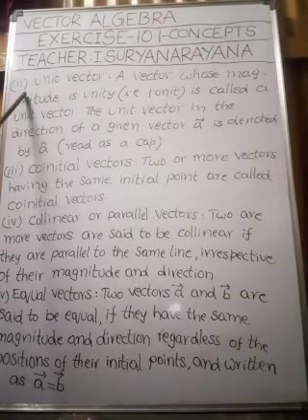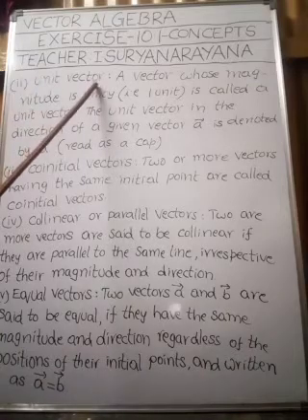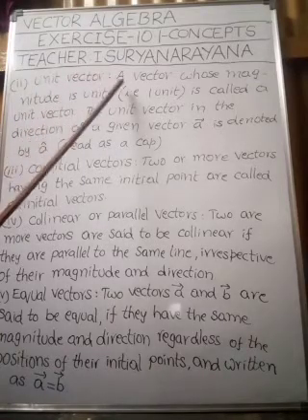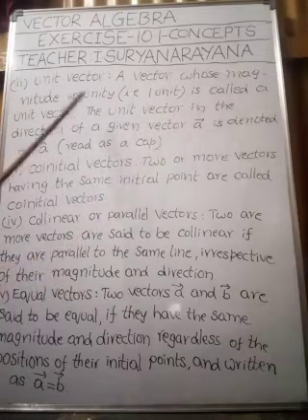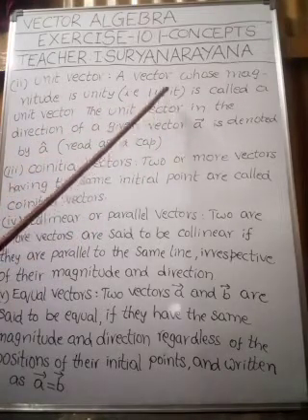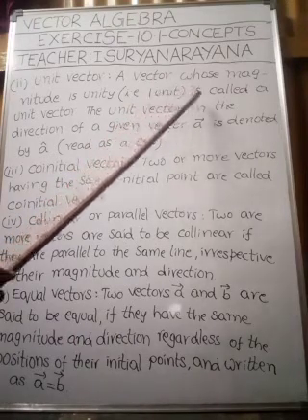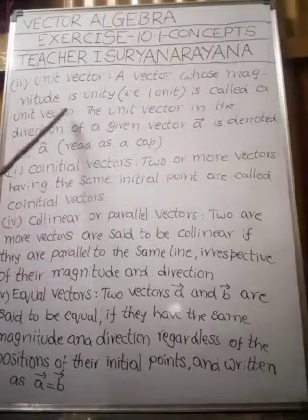Now come to the next type of vector, my children. That is a unit vector. A vector whose magnitude is unity, that is 1 unit. If the length of the vector is 1 unit, if the magnitude of a vector is 1 unit, then the vector is called a unit vector.